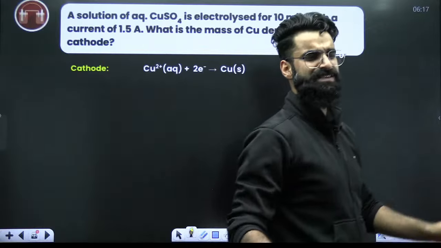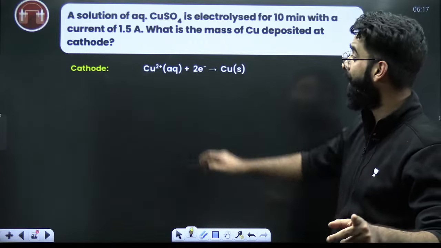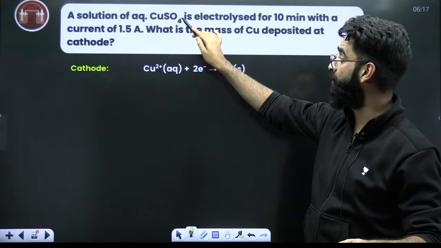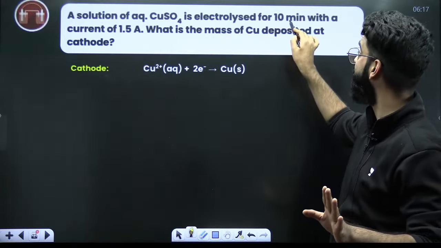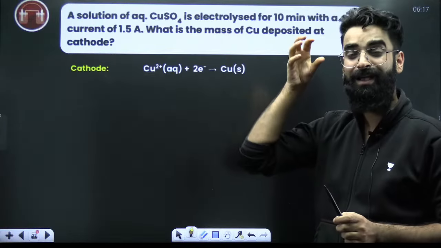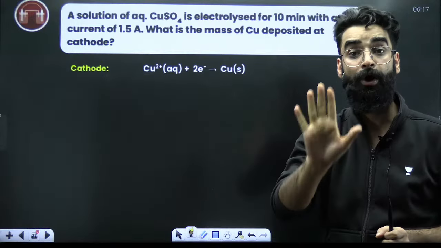Look at the question carefully, the simplest of all the questions. A solution of aqueous CuSO4 is electrolyzed for 10 minutes with a current of 1.5 amperes. So basically, a current of 1.5 amperes is going into the solution for 10 minutes.